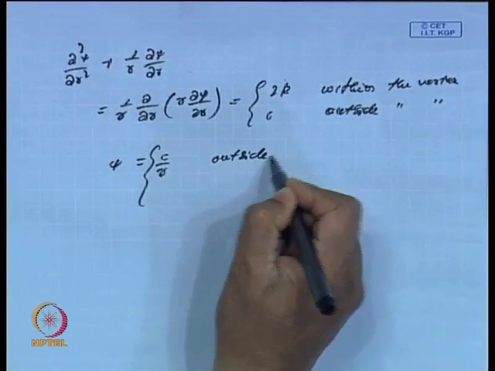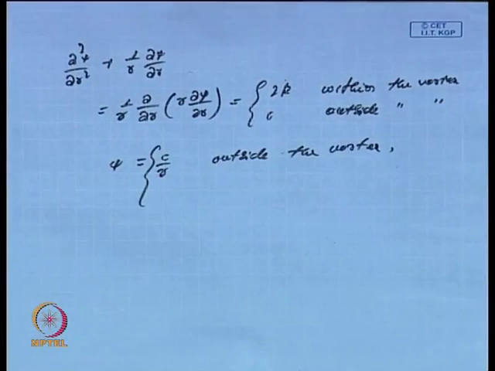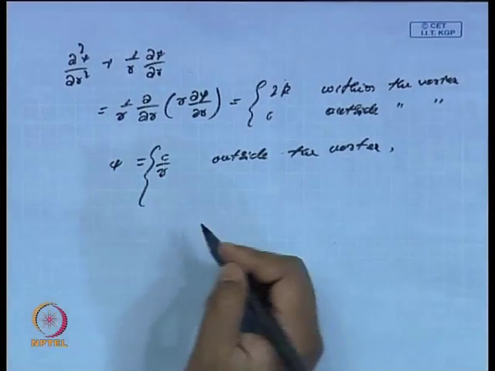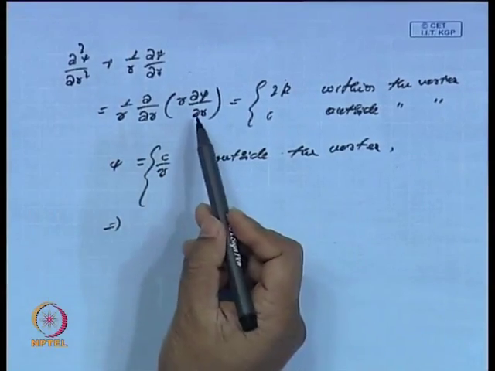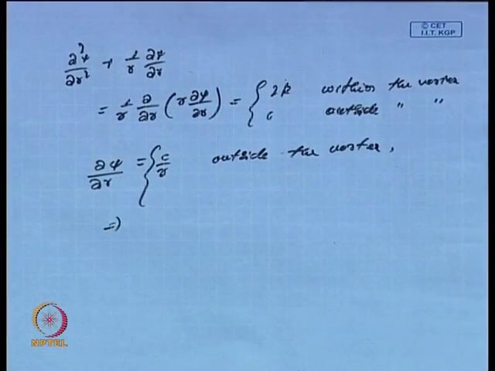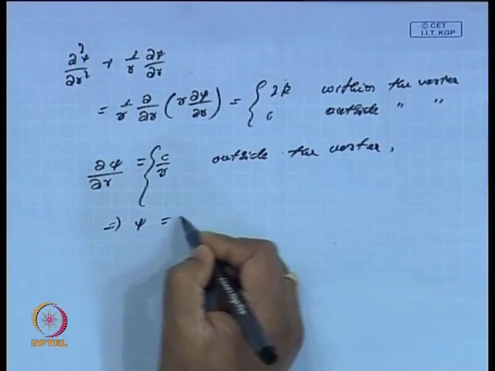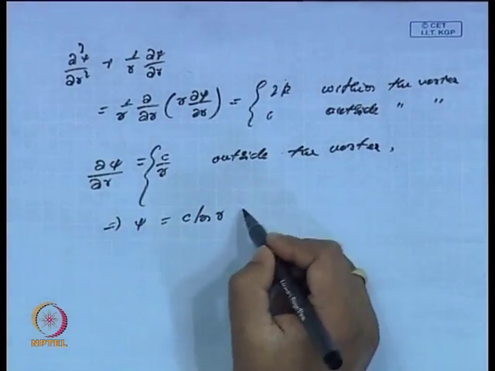Here c is a constant. Sorry, del psi by del r will give me c by r outside the vortex, which gives me that psi is equal to c log r outside the vortex.